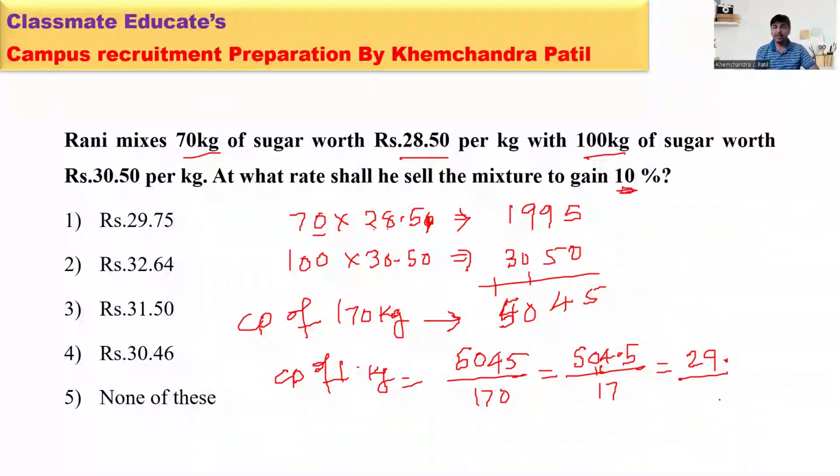Estimate the answer: 10% of this will be 2.9, so 31.9. So your answer should be close to 32, so your answer is option number 2. No need to find the exact answer because 504.5 is not exactly divisible by 17.